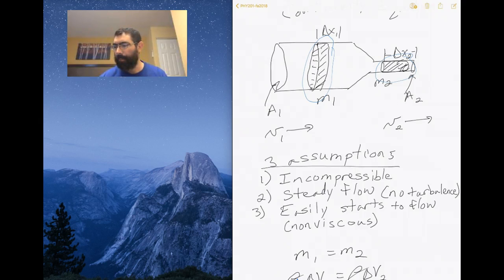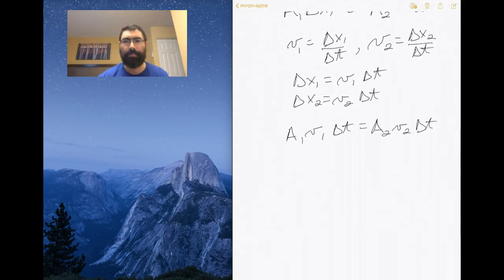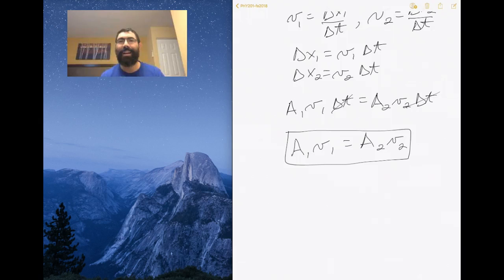That's done in the same amount of time, delta t. So delta t's cancel, and we're left with what I call the continuity equation, which is the area 1 times the velocity 1 is equal to the area 2 times the velocity 2.